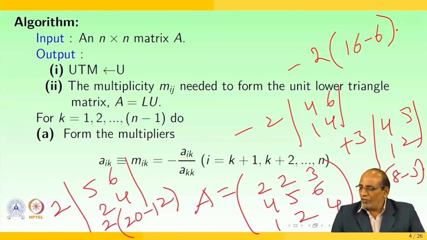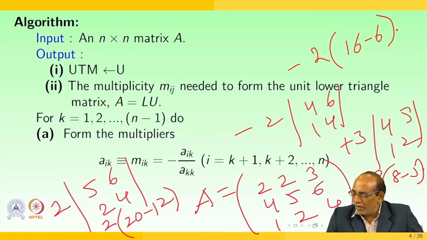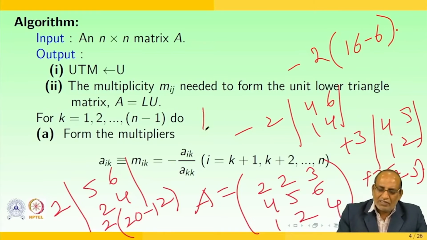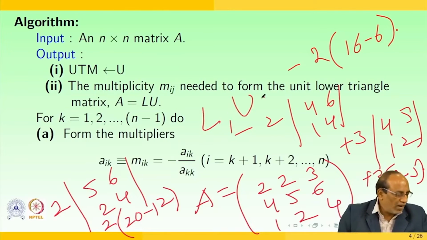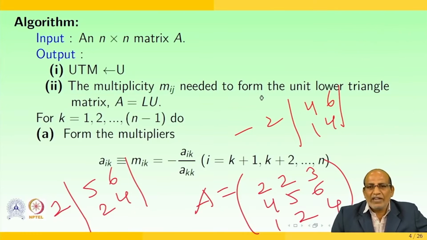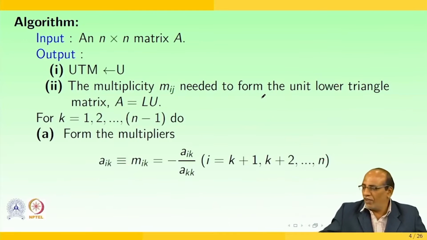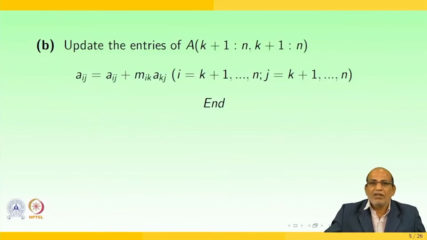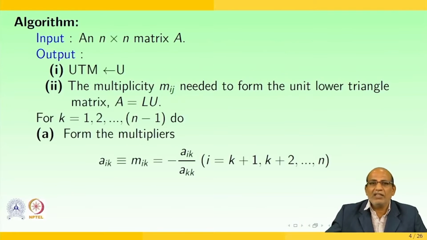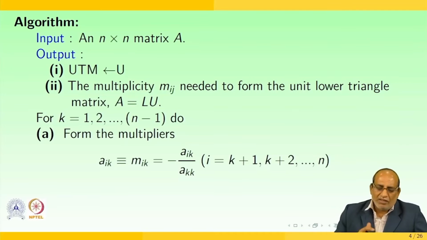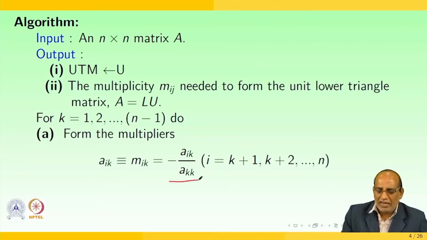So we are able to find the lower triangular matrix L and the upper triangular matrix U. Let's see the algorithm. We form the multipliers Mik, that is minus Aik over Akk.